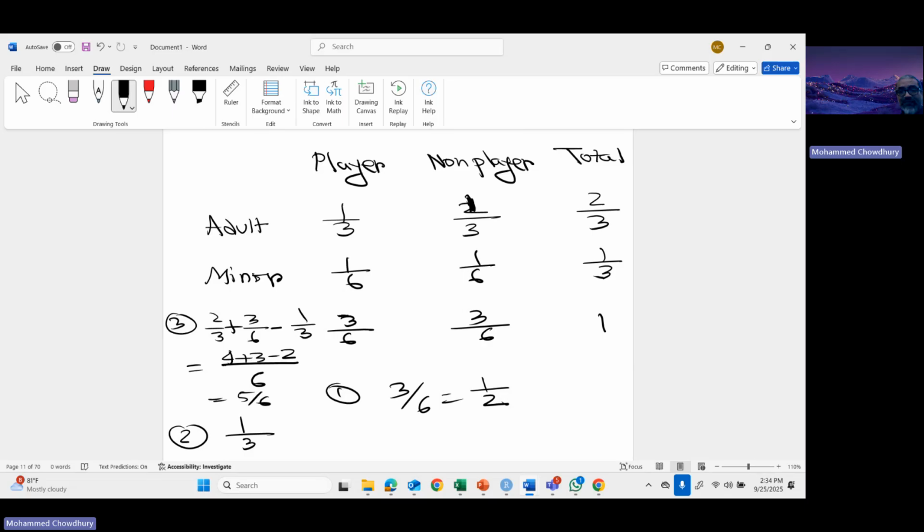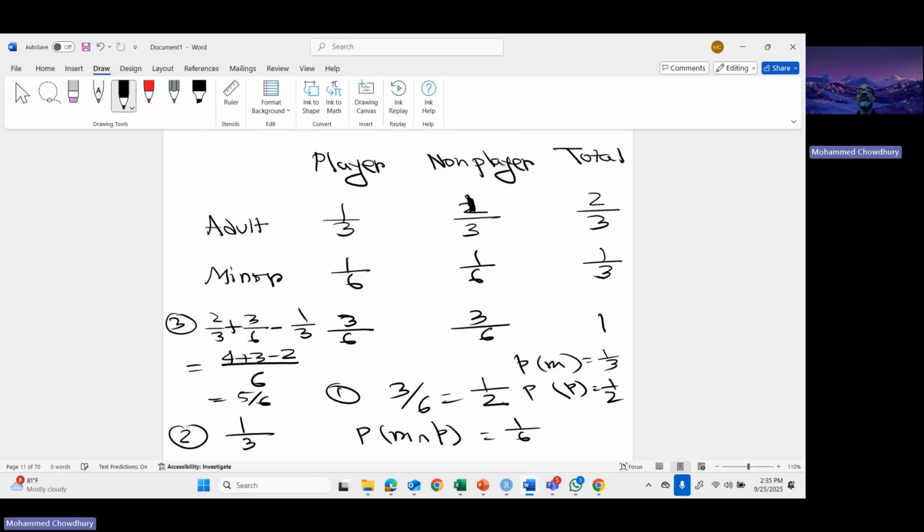Okay. Then what is the fourth one? Minors and players are independent, right? So probability of minor and player equals 1 over 6. And probability of minor equals 1 over 3 and probability of player 1 over 2.